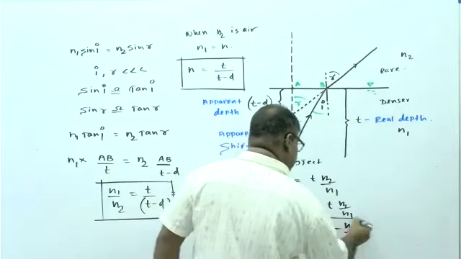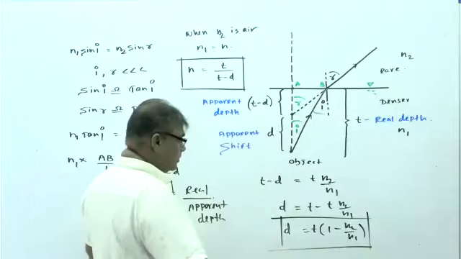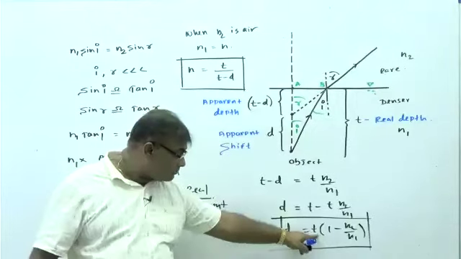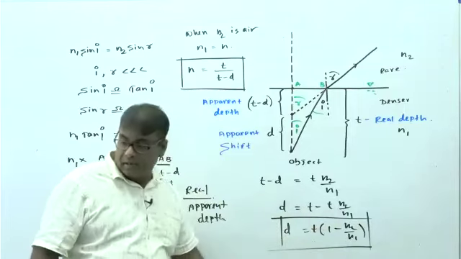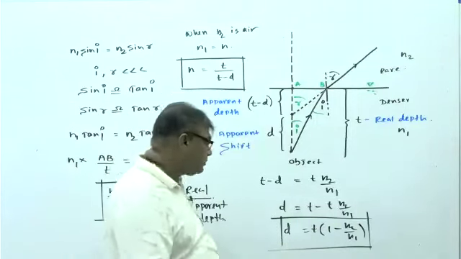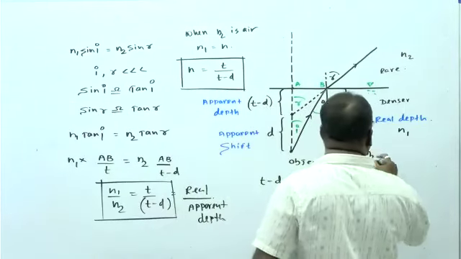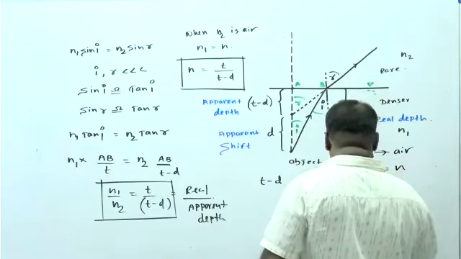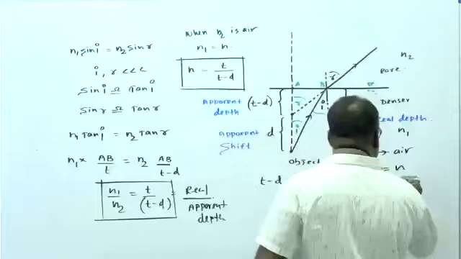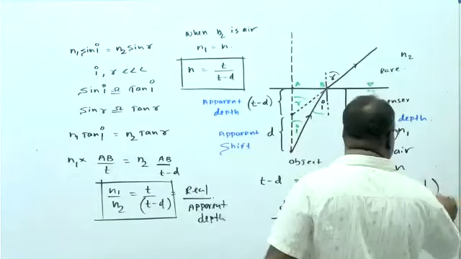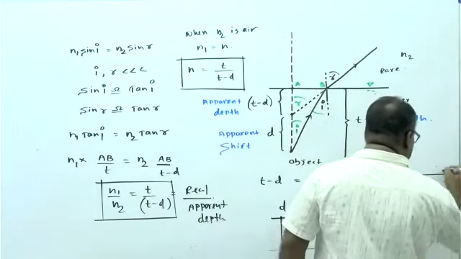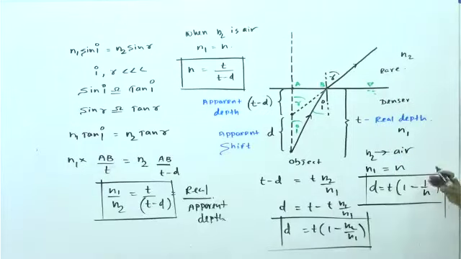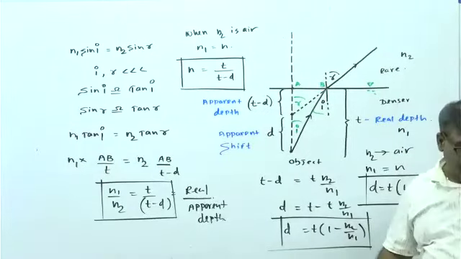This is the relationship of apparent shift and real depth with the refractive indices. When N2 is air and N1 is N, we have D equals T times 1 minus 1 over N. This is applicable only when the observer's medium is air. The observer should be in air, right? Okay.